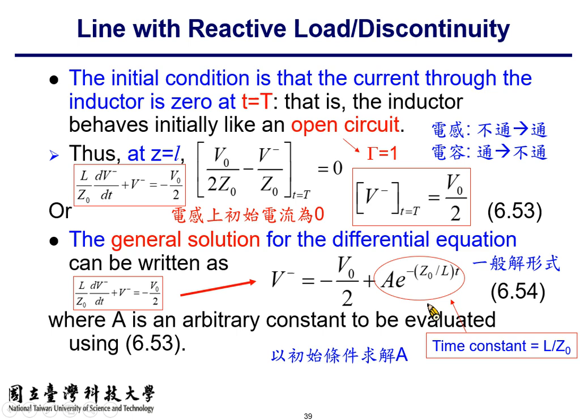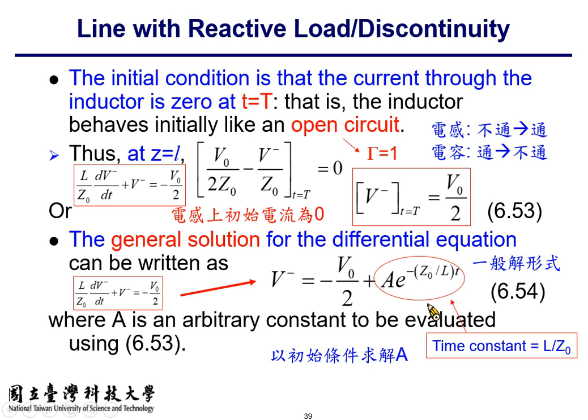Okay, in this form. Tau is the time constant. But here, t should be replaced with t minus capital T. Why? Because for the inductor, everything starts at the instant of t equal to capital T.